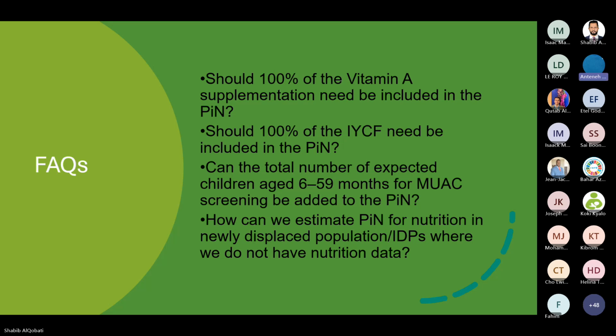Or you may have some area which is the epicenter of a conflict, and there was a complete disruption of services for some period of time, and the children in that particular area couldn't receive routine supplementation or couldn't receive vitamin A supplementation through the campaign.